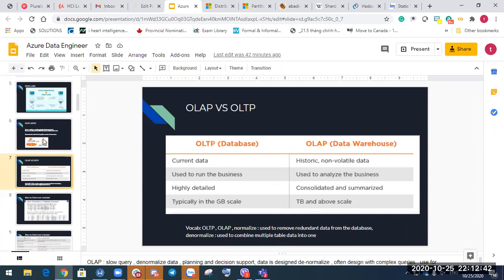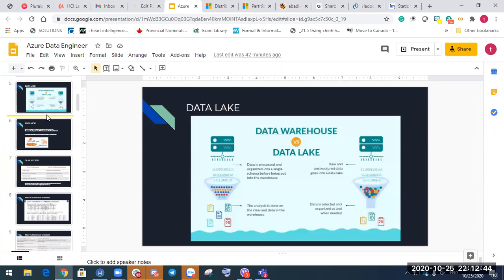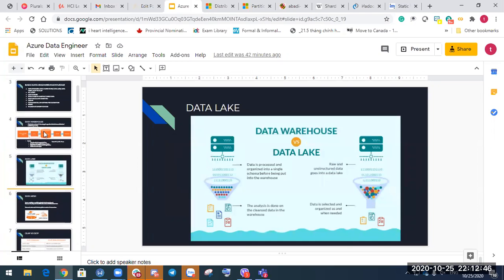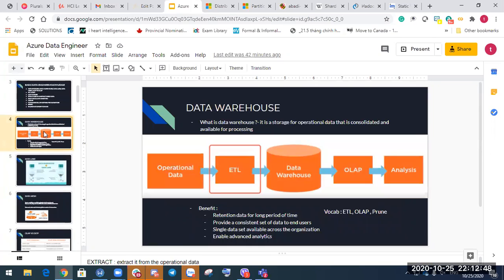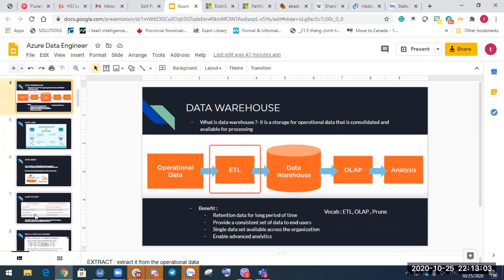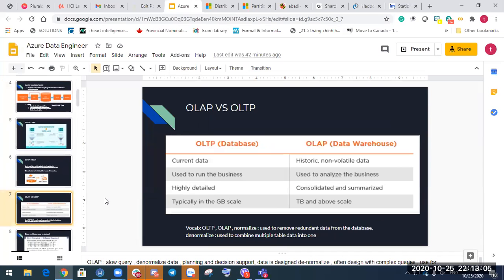It's more important than understanding the difference between data lake and data warehouse, because in normal daily life, you really don't care about that difference. But with OLTP and OLAP, if you don't understand, it will actually affect your work life in the organization. So really remember it by heart.